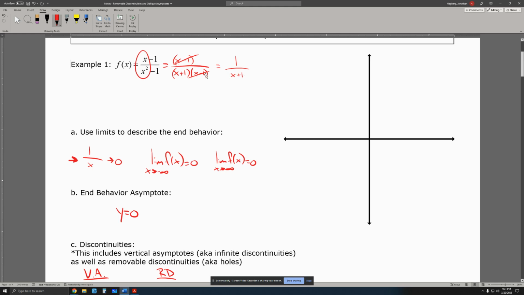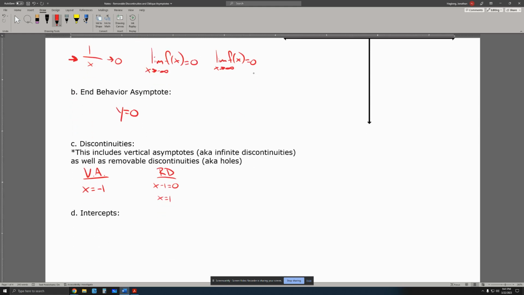After we cancel out, we've removed that factor that causes it to be undefined, and then we can evaluate where the function would be defined if we didn't have that canceled factor. Plugging in 1 here, we have 1 over 1 plus 1, which is 1/2. So the coordinates for this hole, or the removable discontinuity, are (1, 1/2). All right, and we'll see what that looks like on the graph.